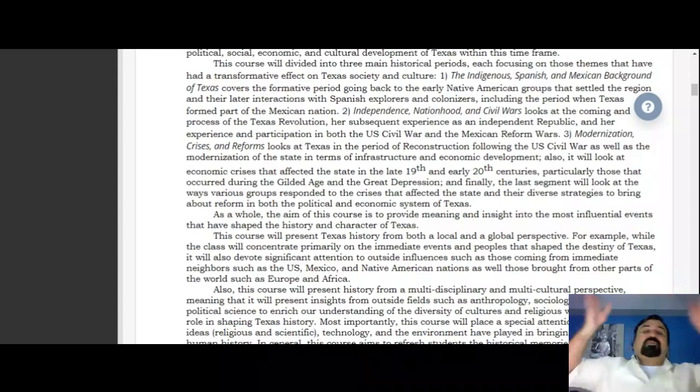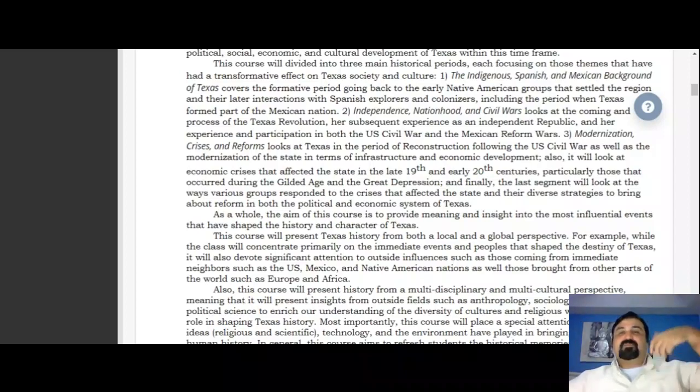We move into this second historical period that looks at the process of Texas independence, then the process by which it becomes part of the Union, the United States, nationhood, and then, of course, the Civil War. Texas was part of the Confederacy, so it participated in the Civil War on the side of the Confederacy. This is something we're going to look at again.